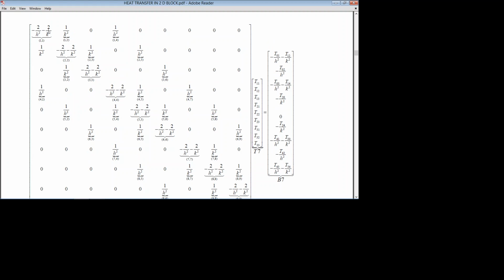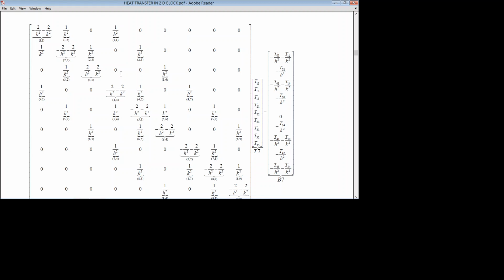The first row will give these elements: 1 upon k square, then 0, then 1 upon h square. The first row has only 3 terms, the second row has 4 terms: 1, 2, 3 and 4. From each row the pattern gets shifted one place to the right.